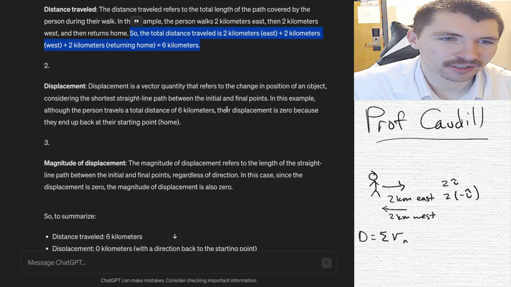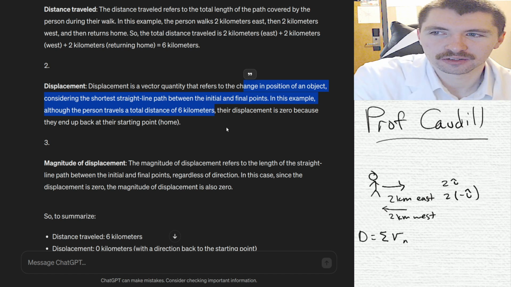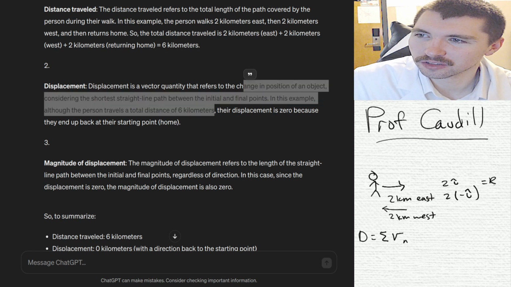So displacement is the change in position of an object. So this is your R vector, the resultant vector.